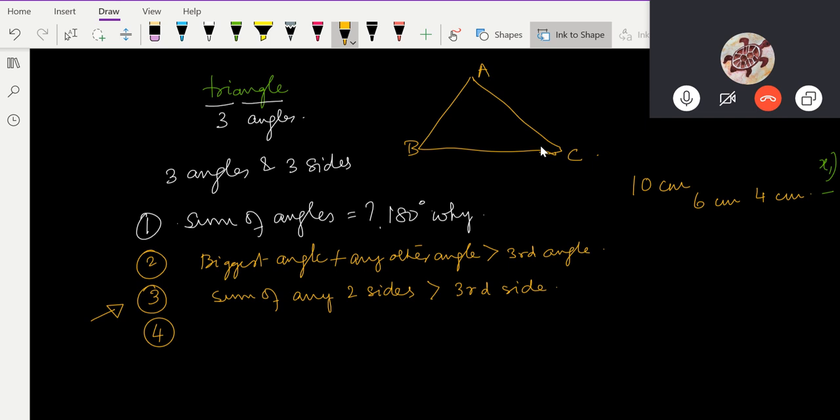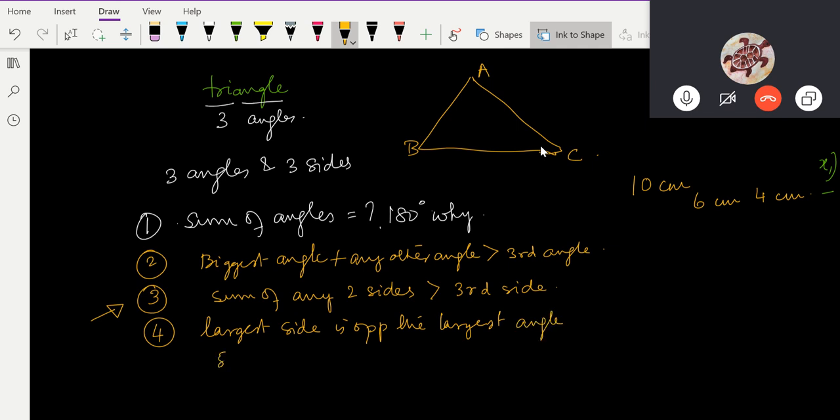So I have to have a relationship between the sides and the angles, right? The largest side must be opposite the greatest angle. The largest side is opposite the largest angle.